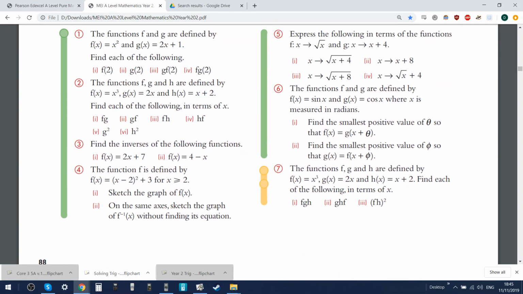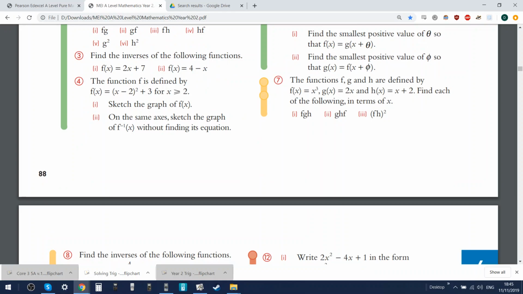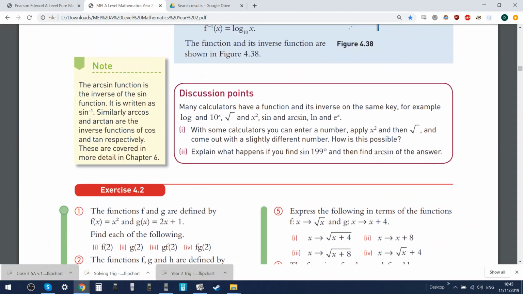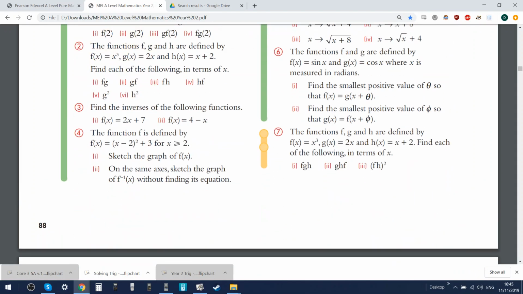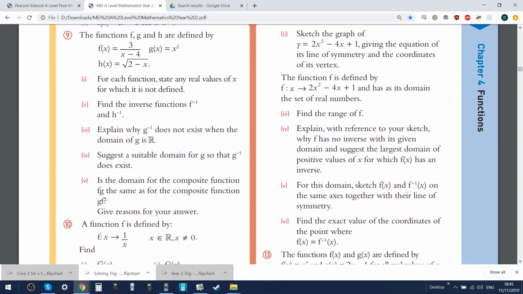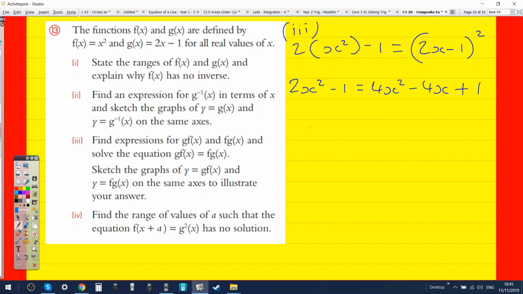Yeah. Okay. So I think we have to look at inverse functions. Let me go back to this one. State the ranges and explain why f of x has no inverse. What is part 2?